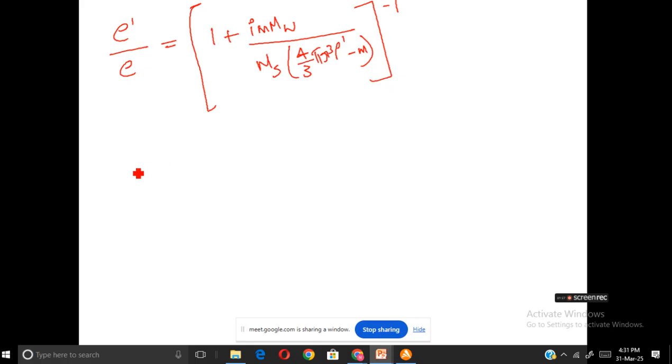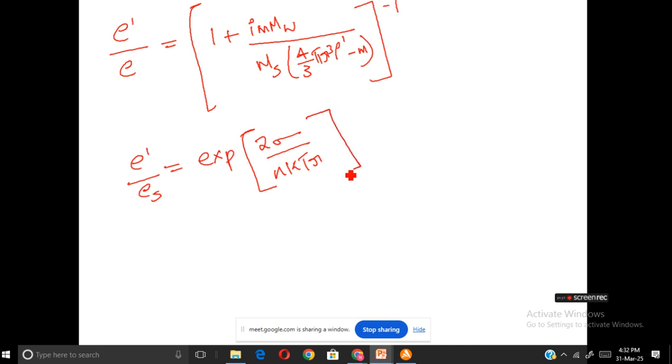Now we combine the equation that we got for that droplet of radius r. In that case, we got E dash by Es is equal to exponential 2 sigma by n kT into r.